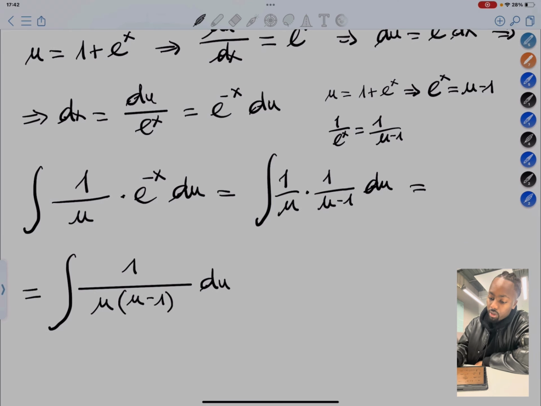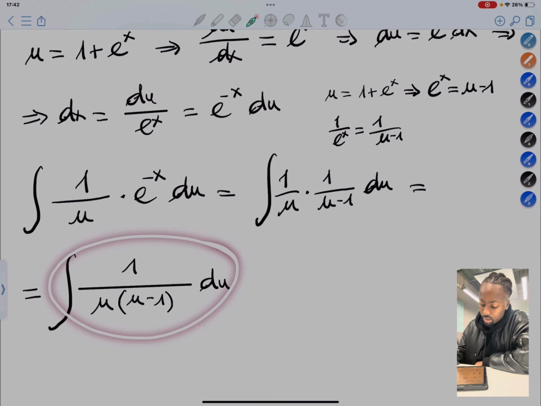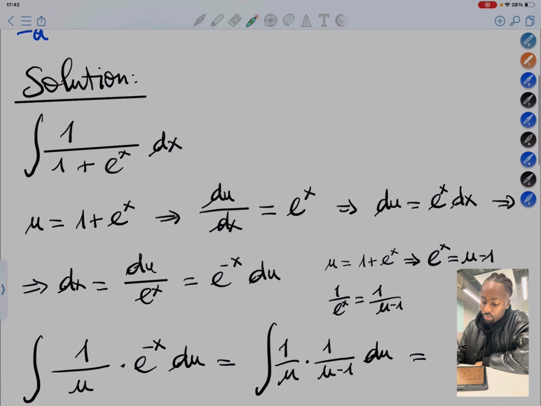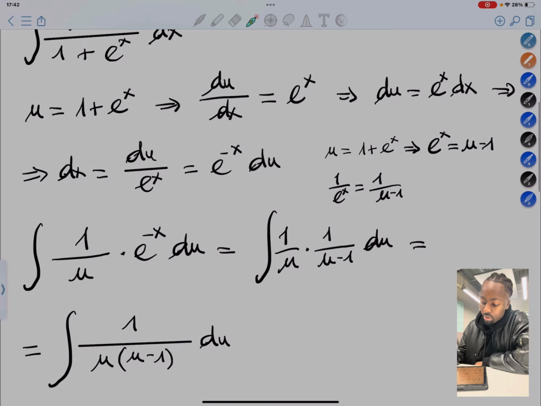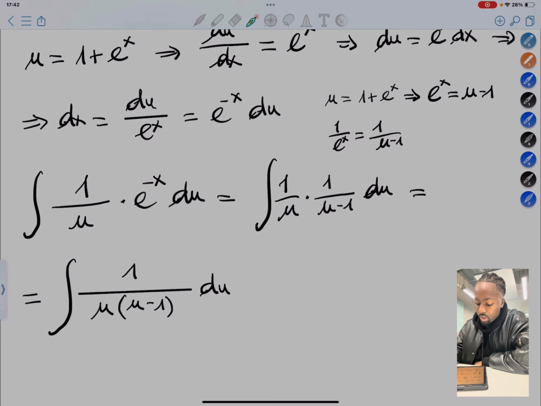So this would be the integral we need to solve. Basically, we have used the substitution method, but we haven't solved the integral yet. So to solve this, we would use a different technique. We would use the integration by partial fractions, right?